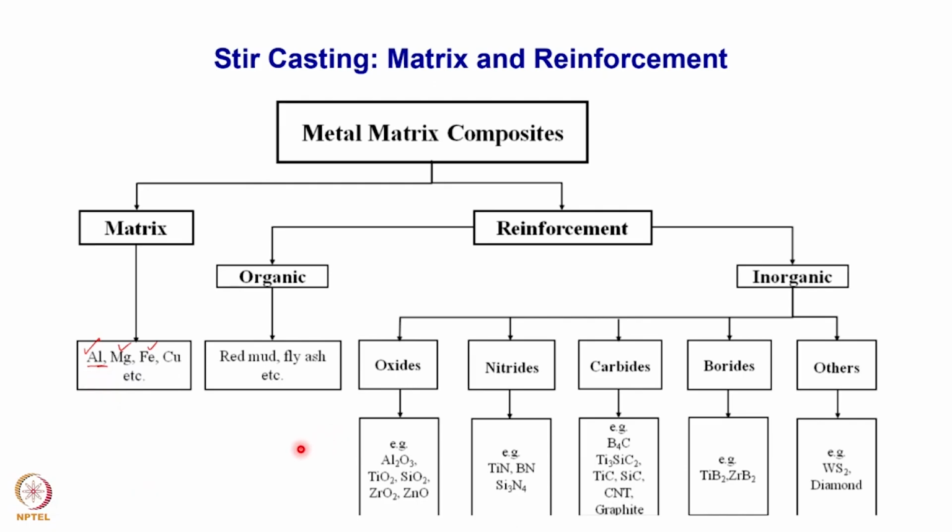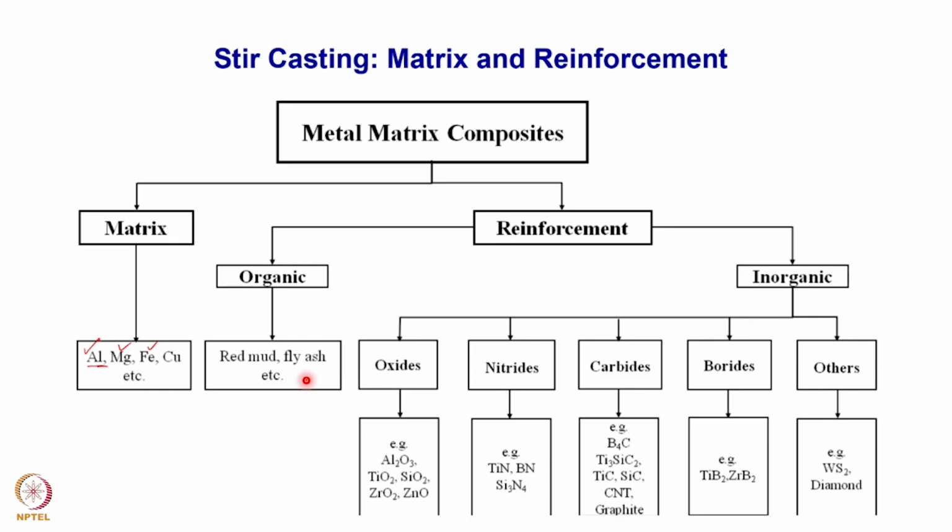So this can be categorized as organic and inorganic. In organic category, you have red mud, fly ash, these kind of materials. These are basically some waste product out of industries like metal extraction and power plants.